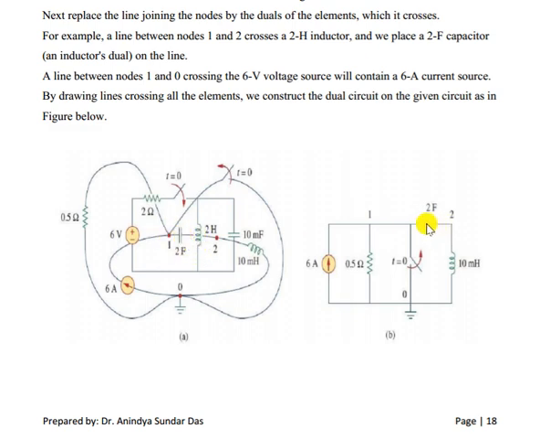So between node 1 and node 2, we must have a capacitor. Then again we have a capacitor, whose dual is inductor. So from node 2 to the 0 node, we will have an inductor. So this circuit and this circuit are duals of each other.